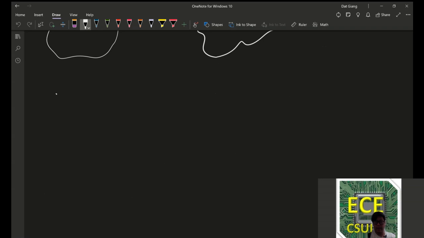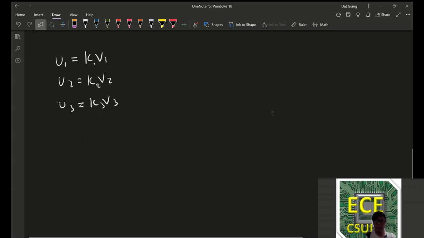We know how u1 is related to v1, u2 is related to v2, and u3 is related to v3, and these are k1, k2, and k3, which are our relation parameters. We could find a Jacobian for it.